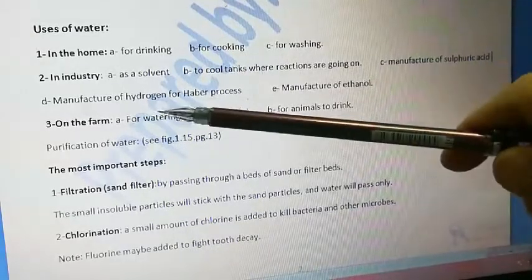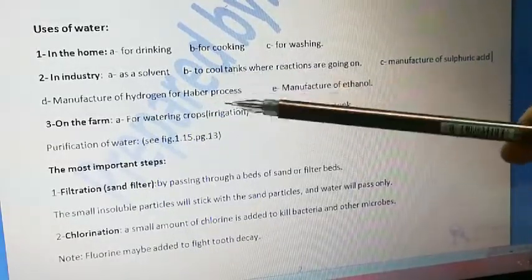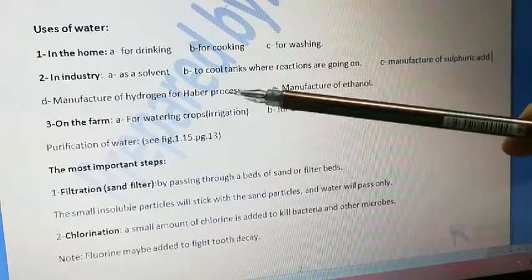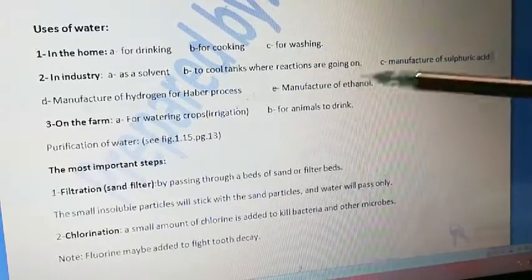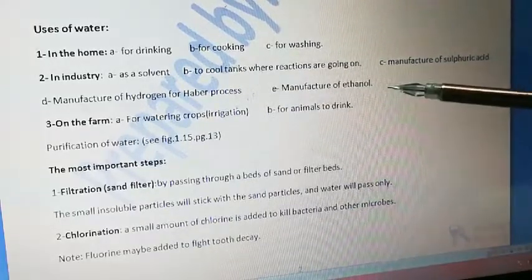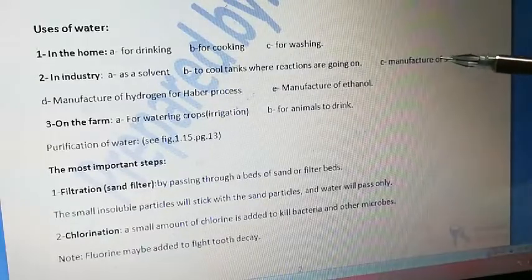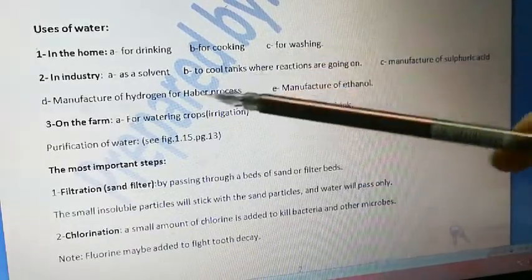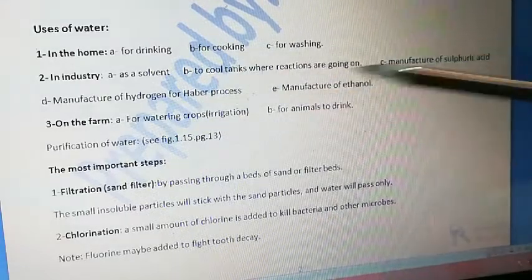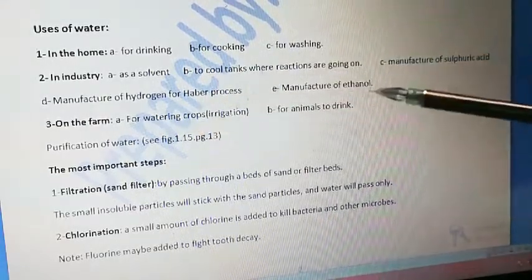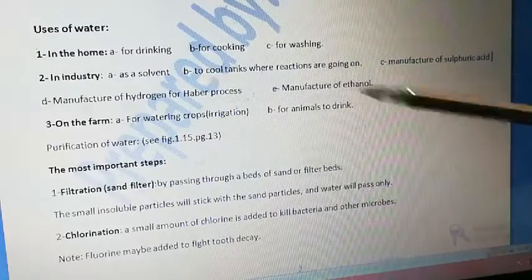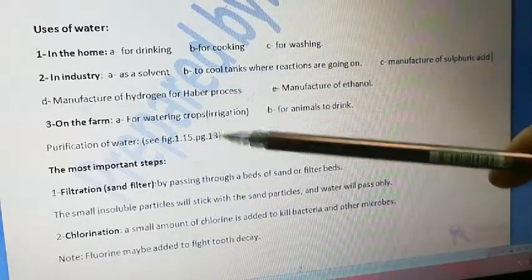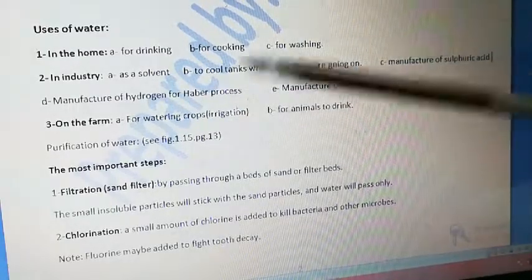Also the manufacture of hydrogen for the HEPA process, also right here in chapter 9. Manufacture of ethanol, chapter 10. Just memorize them as they are, and we will check the details later on.